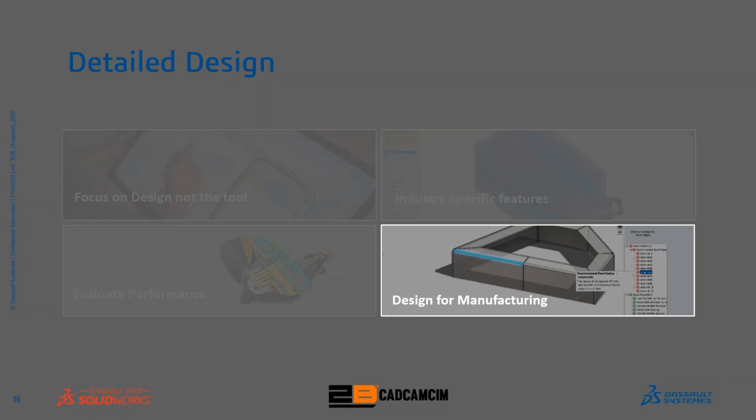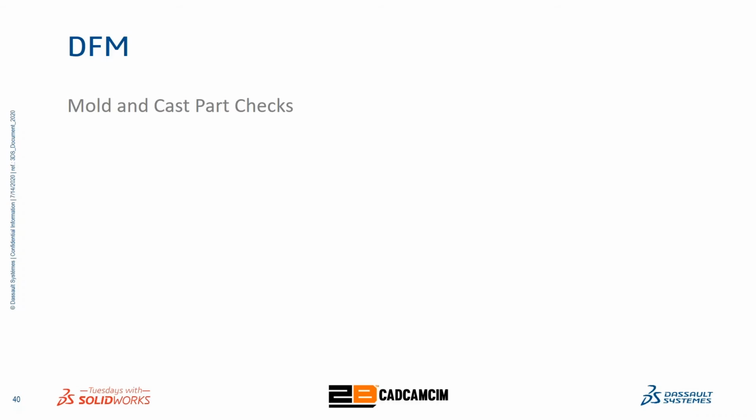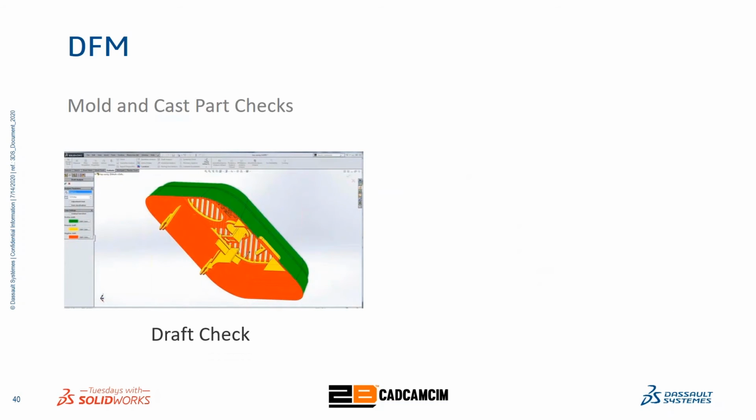And we come to the final section, about how we can check the manufacturability of our designs. Design for manufacturing, or as we call it, DFM, is a systematic approach to optimize manufacturing that focuses on the time and difficulty to complete steps within the manufacturing process.